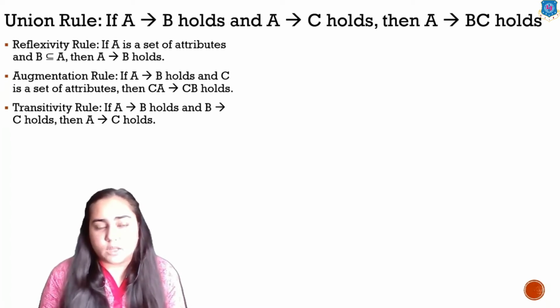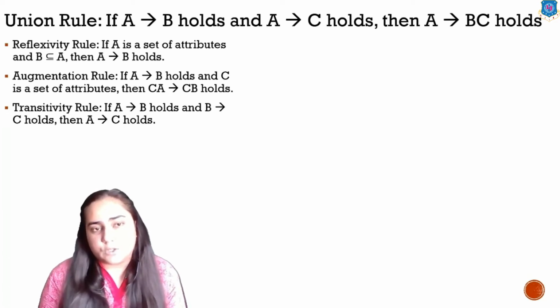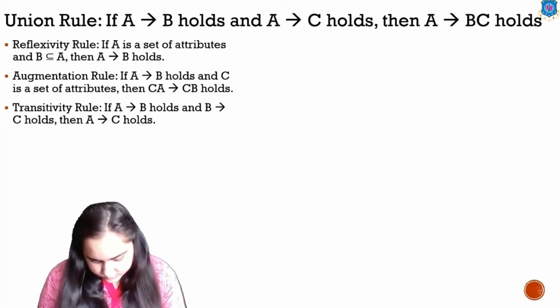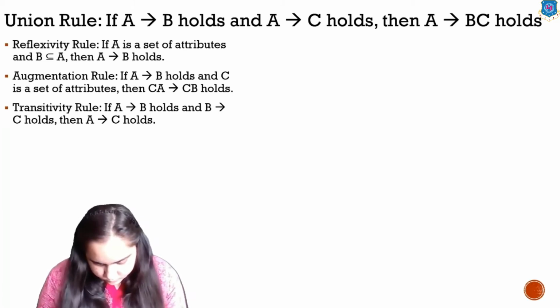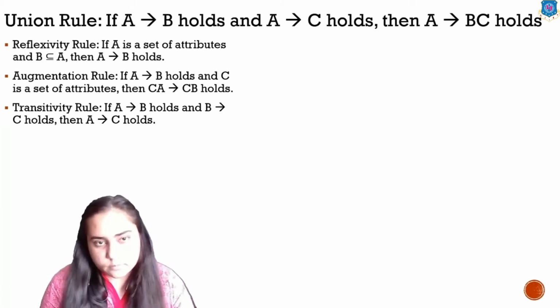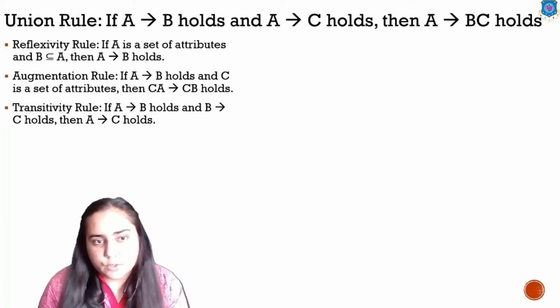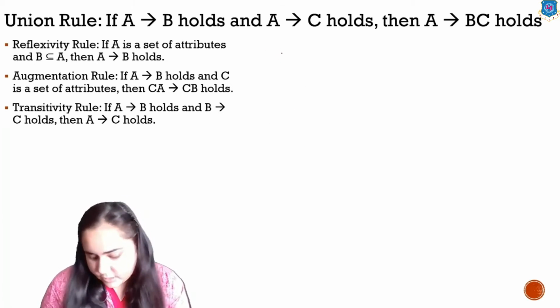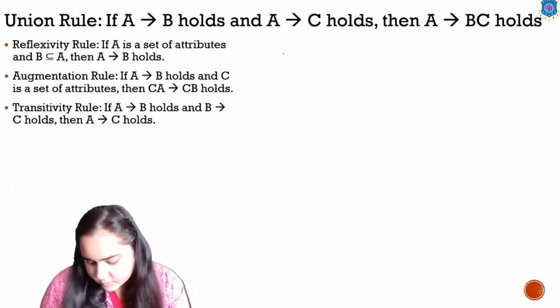You can use only the three basic rules to prove this additional rule. So let us see how we can prove these rules. I'm going to show you the calculation that I am performing right here, so you can see it.